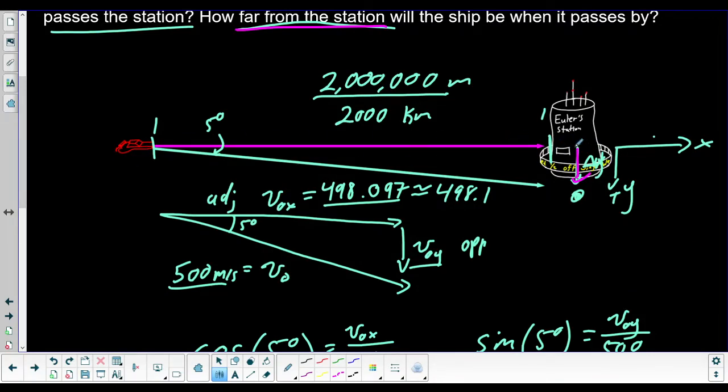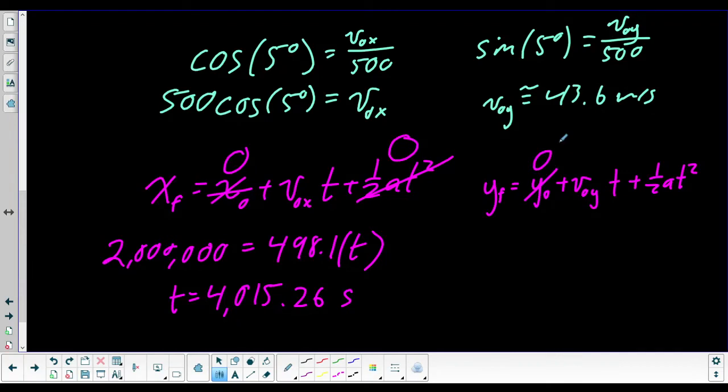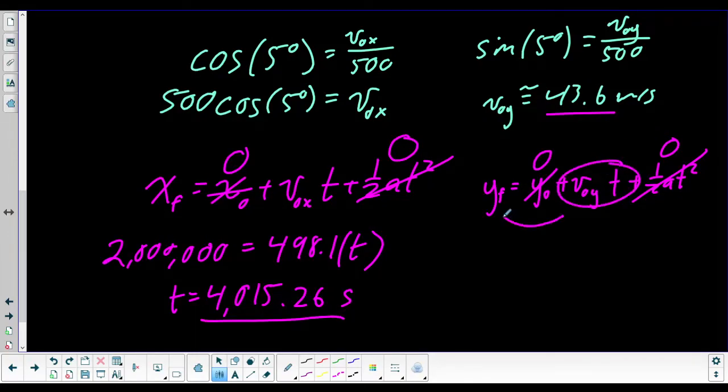Right now, where we are is y equals 0, and we want to know what y equals over here. Okay, so our initial y position will be 0. We're still drifting, so acceleration in the y direction is also 0. We know our velocity, it's 43.6, and we know our time, it's 4015.26. So we can just multiply those to get our drift, or how far we've gone from the station.